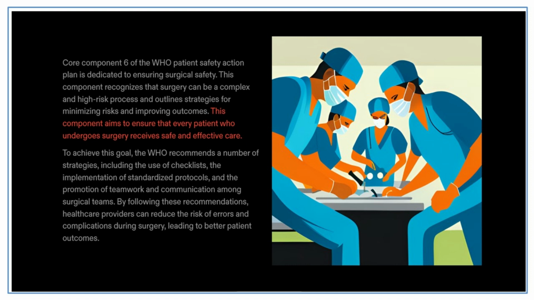As discussed, they include checklists, implementation and standardization of protocols, and the promotion of teamwork and good communication among the teams. By following these recommendations, healthcare providers can reduce the risk of errors and complications during surgery, leading to better patient outcomes.